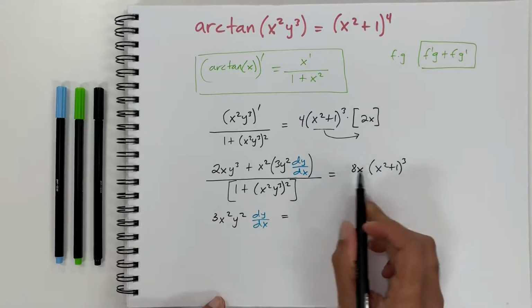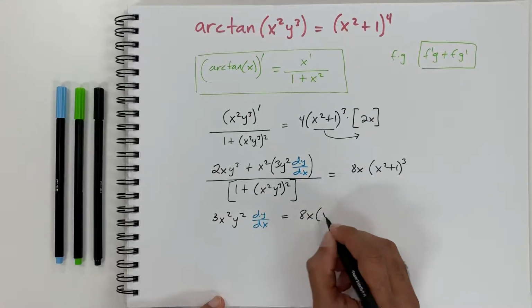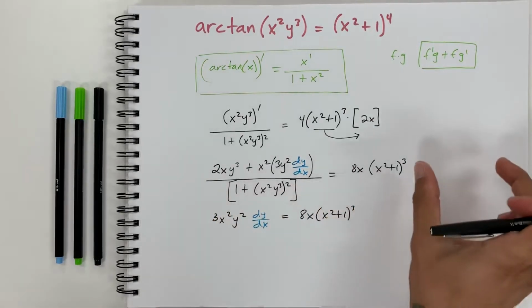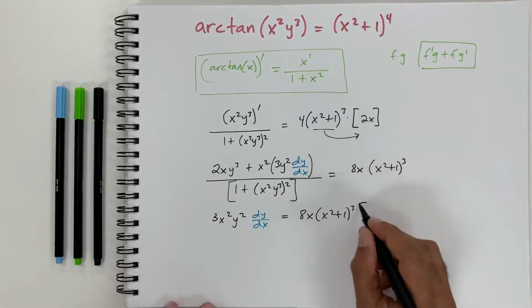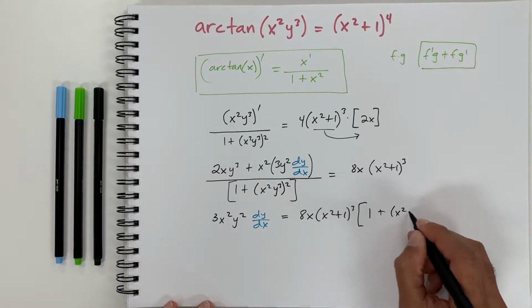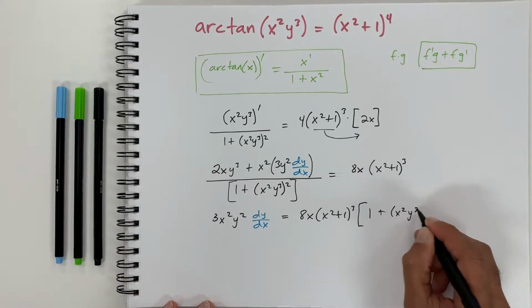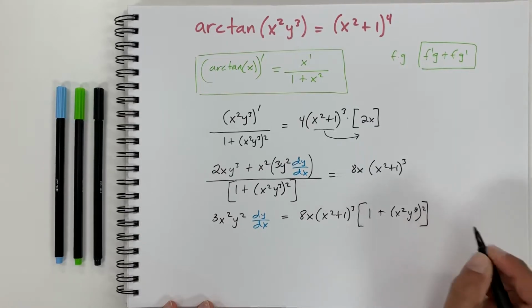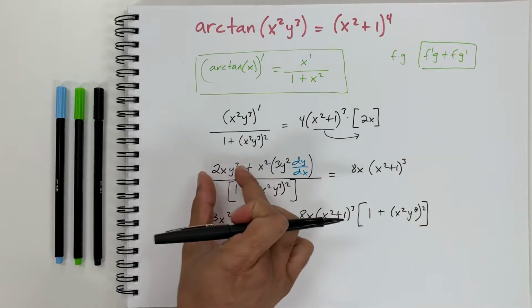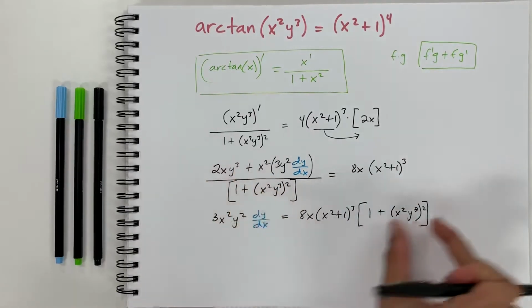Okay, and I'm going to write this with this term multiplied over here. So I got 1 plus x squared y to the third squared. All right, and then once I move that over, now I want to take this term and subtract it to that side.